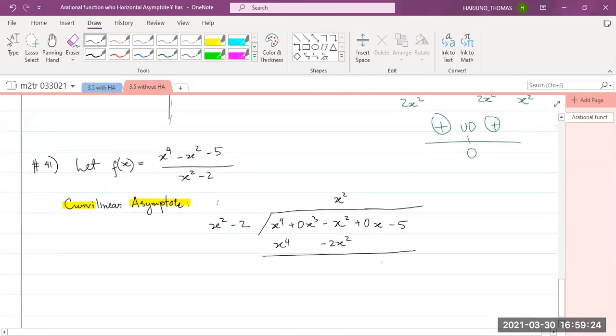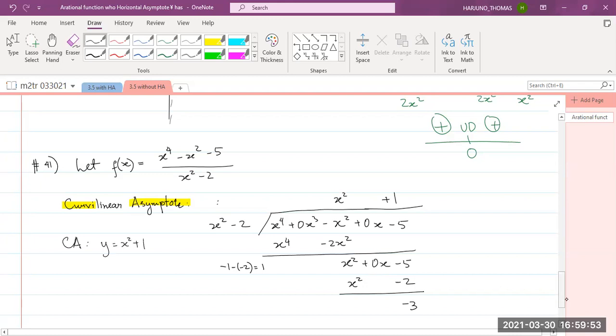When I subtract, this cancels, we get negative 1 minus negative 2, that's plus 1. So this is x squared plus 0x minus 5, that's plus 1 for x squared minus 2. So the curvilinear asymptote is y equals x squared plus 1.